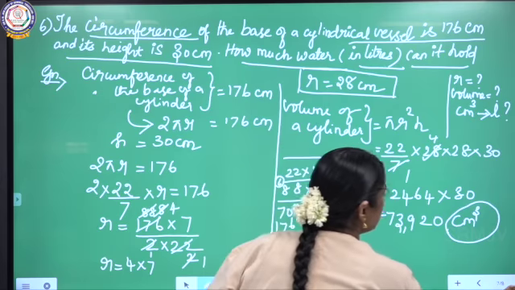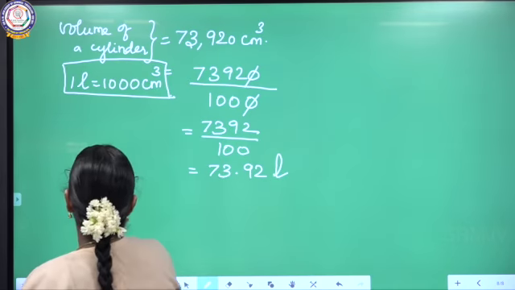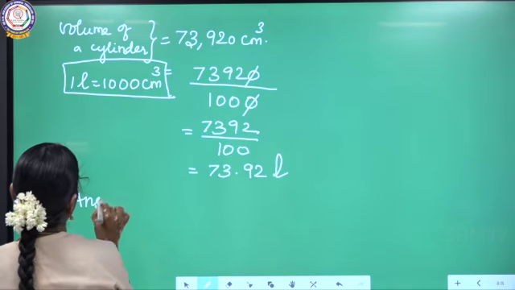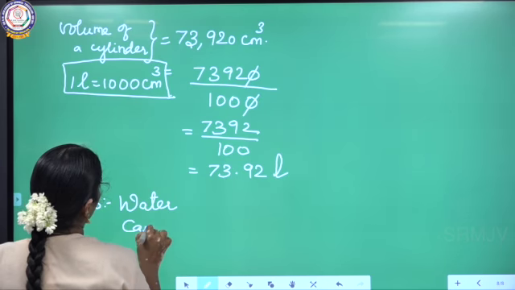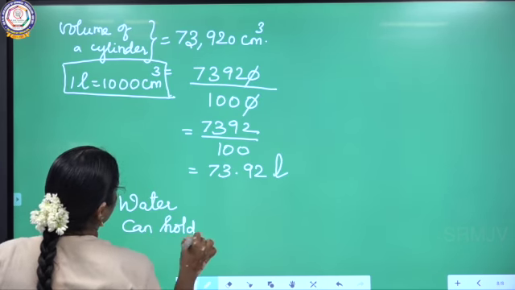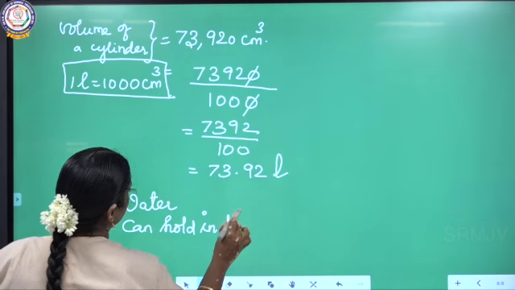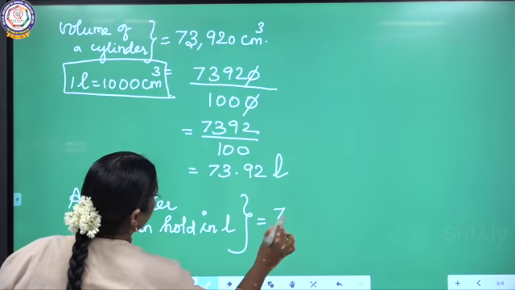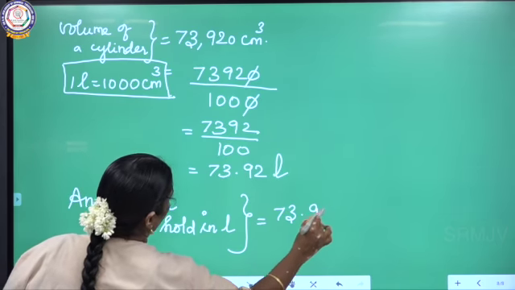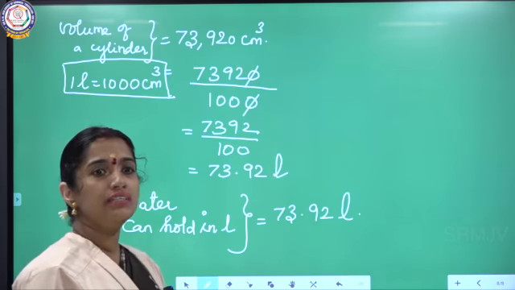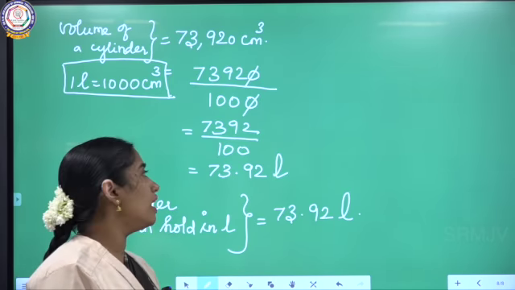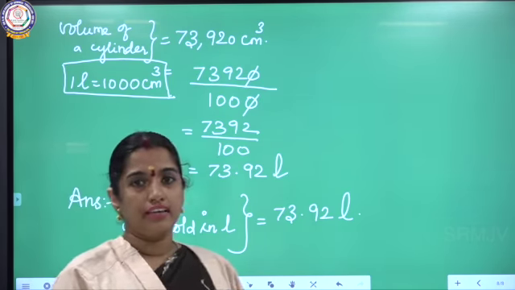So the answer is: water can hold in liter is equal to 73.92 liter. Any doubt in this, children? Any doubt? Thank you, children.